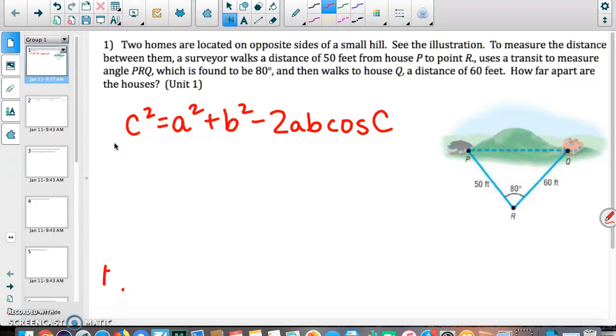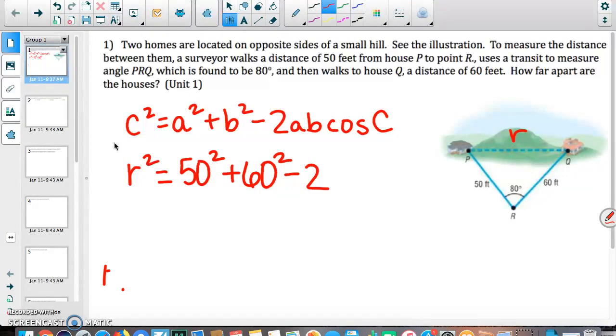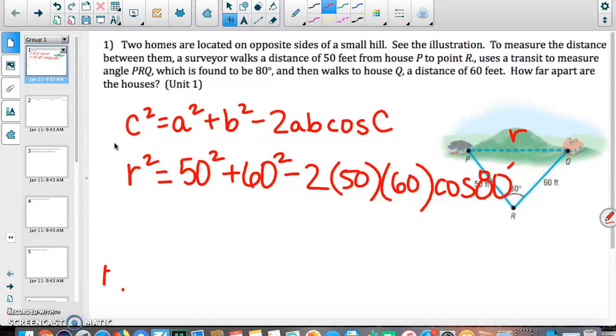Looking at my picture, this would be little r squared equals, we said this was little r, equals 50 squared plus 60 squared minus 2 times 50 times 60 times the cosine of 80 degrees.